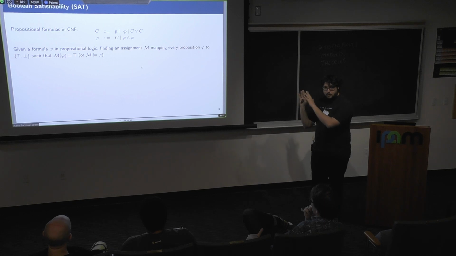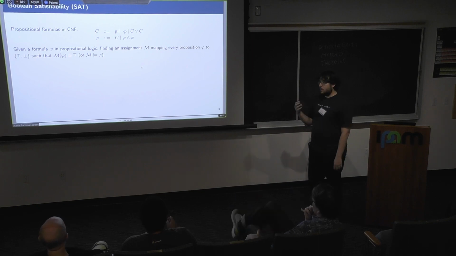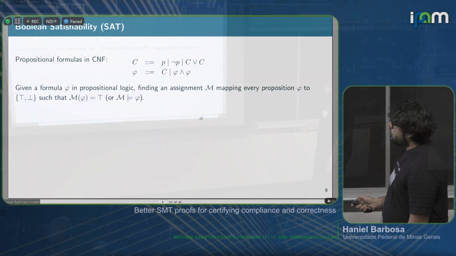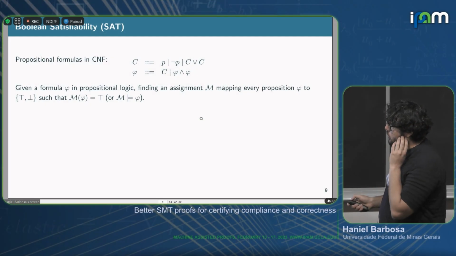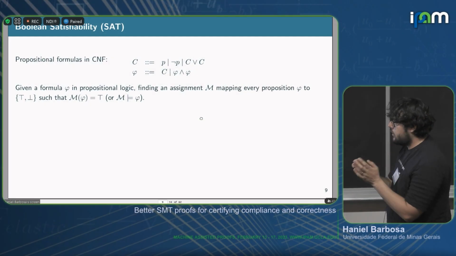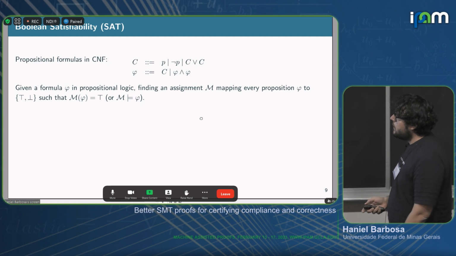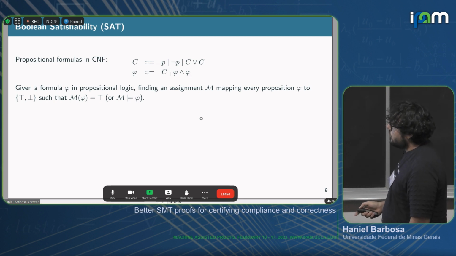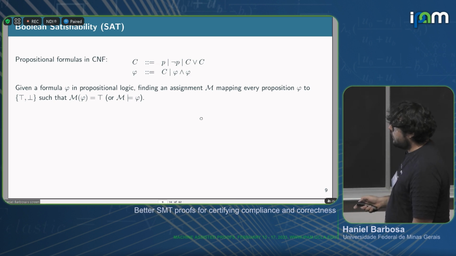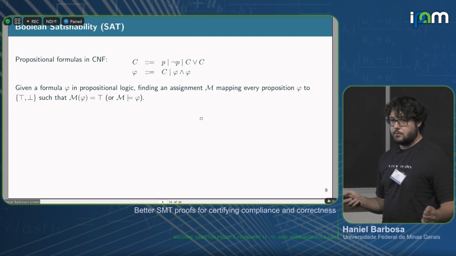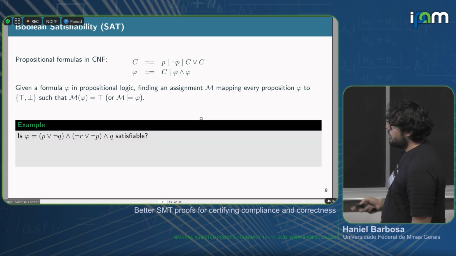So first, Boolean satisfiability. This is the problem of asserting whether a formula in propositional logic is satisfiable. So can I make the formula true? I'm going to define here a formula directly in conjunctive normal form, because without loss of generality, you can always go into this form. What we want is to find a valuation for the variables that makes the whole formula true, a model.